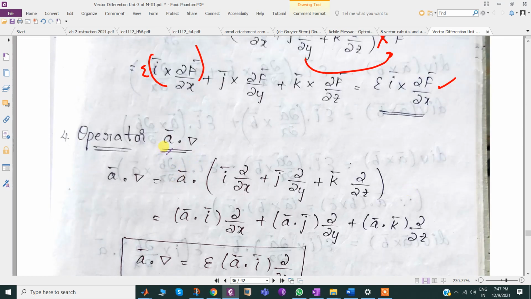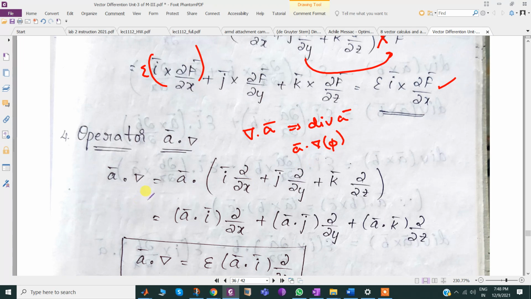Then operator a bar dot del, a bar dot del. Del dot a bar means div a bar. But a bar dot del, if I want I can write, but there is something, some scalar function is given, that is a bar dot del phi.